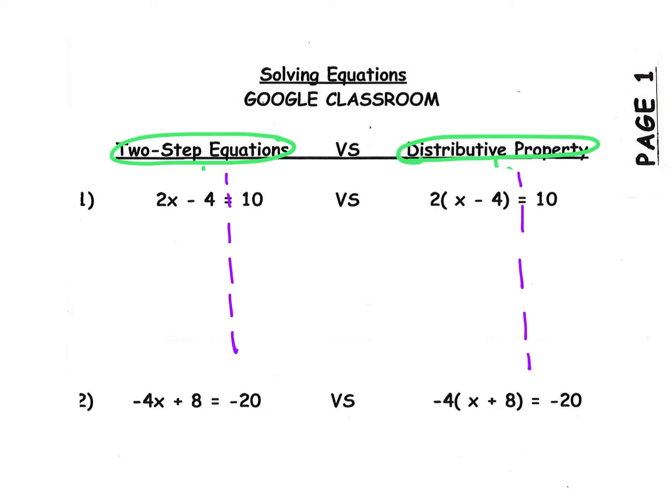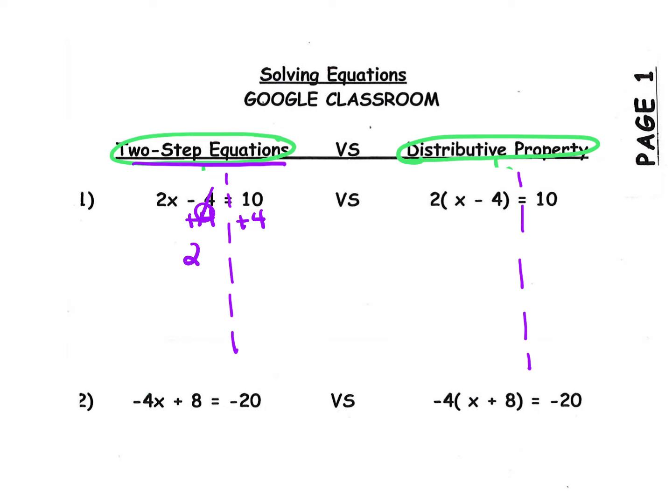Let's start here with our two-step equation. Please take down all the notes as you're given them. If you need to pause the video to catch up, please do so. Now that you've dropped a dotted line down each equation, let's solve the first one. By adding 4 to each side, we zero out this term.